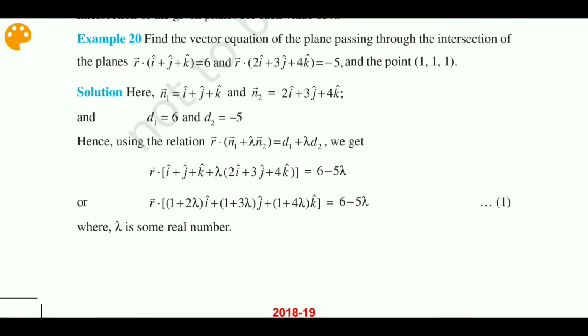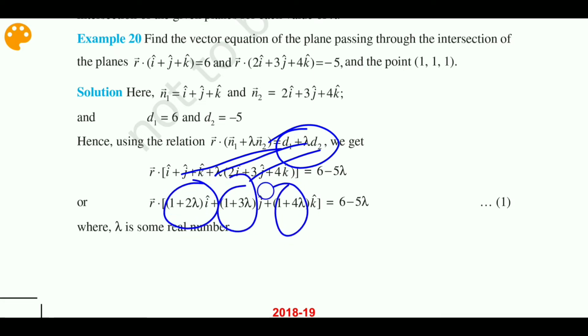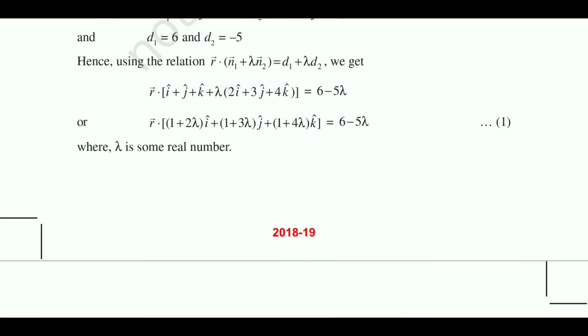This is the first plane, this is the second plane, and the intersection is passing through this point 1 1 1. So how will we do it? We will just add these two planes like this, d1 plus lambda d2. This is the first plane d1, lambda into d2, the second plane, and we put it equal to whatever value is given.